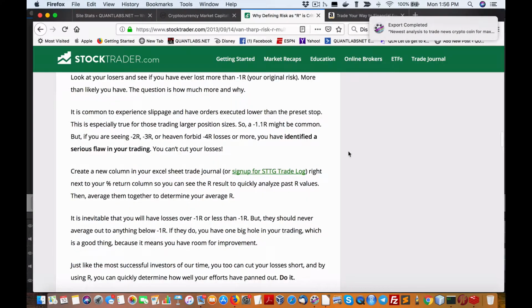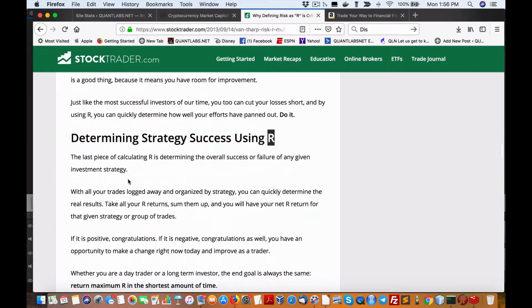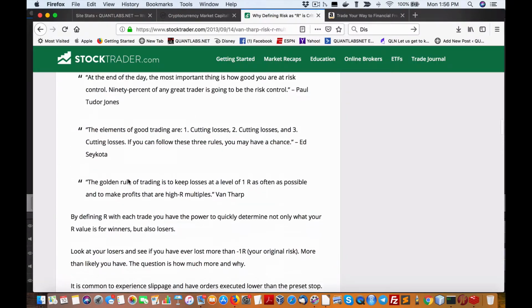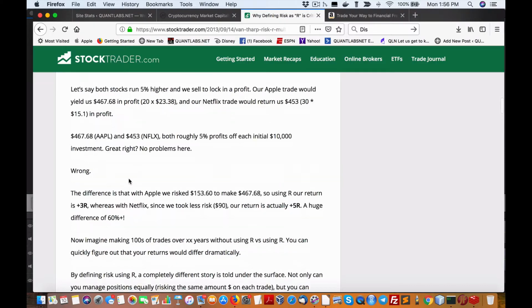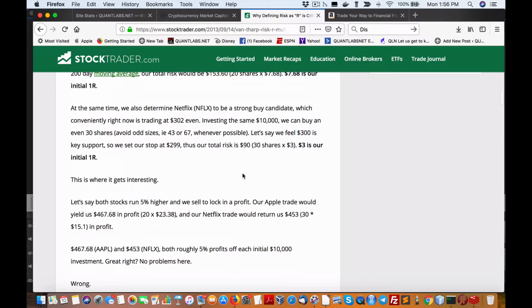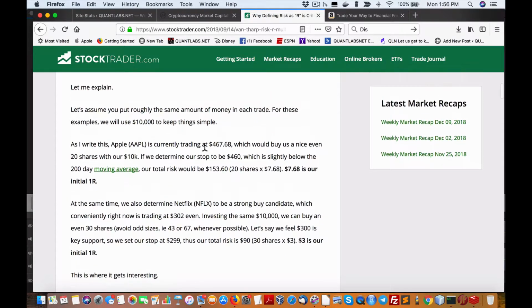So for instance here, we have these calculations where, let's say, you put on a trade, the Apple stock is trading at 467.68. You buy 20 shares for $10,000.